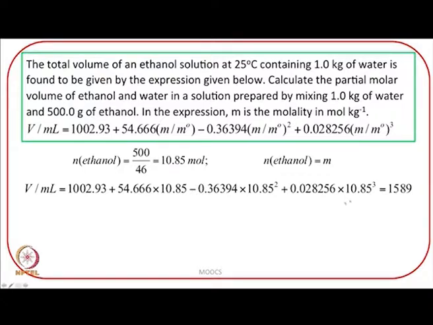In order to calculate partial molar volume, I need to differentiate this. Let us differentiate this and see what we get.